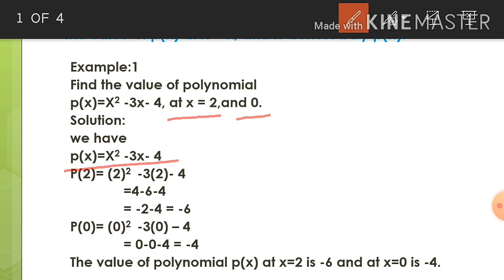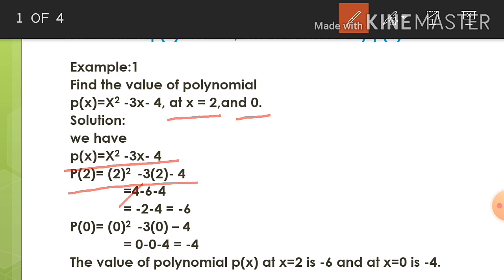Now at x equal to 2, in the sense we have to replace the x value with 2. After replacing, we get p of 2 equal to 2 square minus 3 into 2 minus 4. 2 square is nothing but 4, minus 2 3s are 6, minus 4.